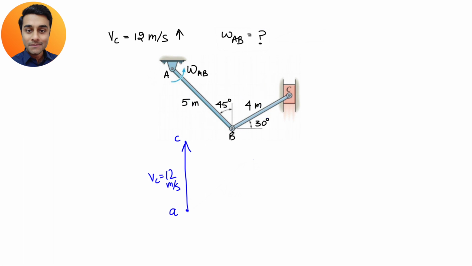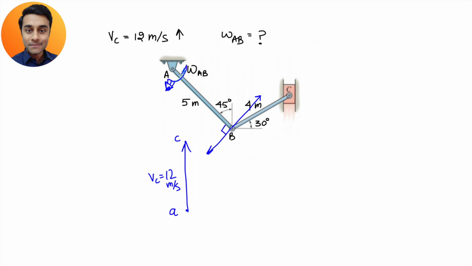The velocity of AB, as we know, should be perpendicular to this link AB, right? What should be its direction? If you sit on A and look at B, it will either look to you going in this direction perpendicular to AB, or in this direction perpendicular to AB.